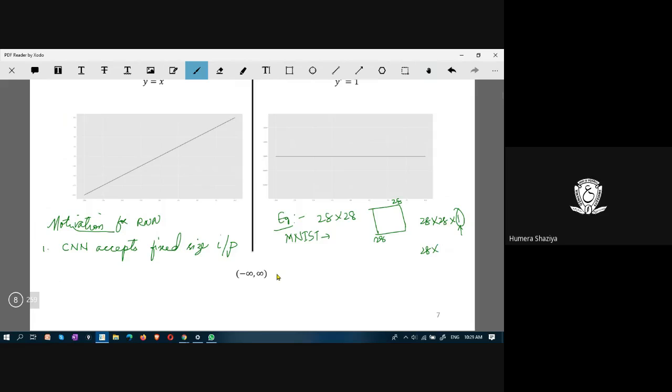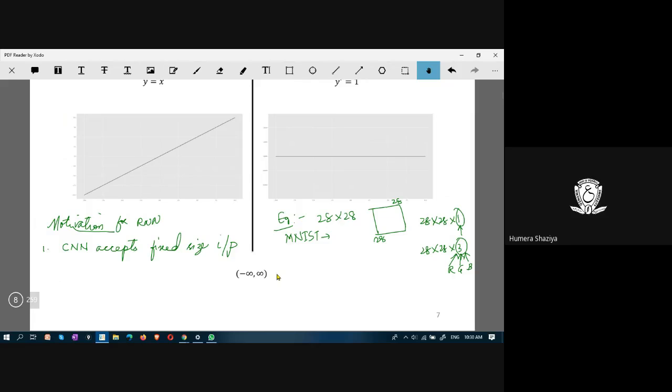If you have 28 by 28 by 3, these are the three channels: red, green, and blue, RGB. Because every color is formed from different portions of red, green, and blue. That's why you have three different channels. It's known as channel, and three channels denote these three colors essentially.